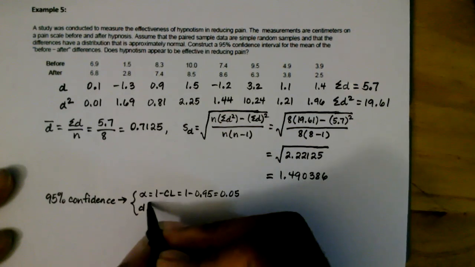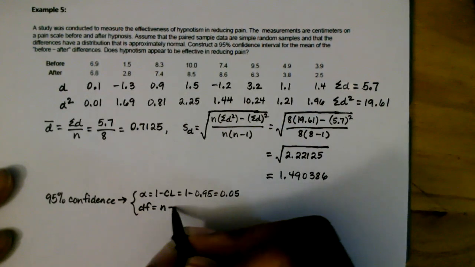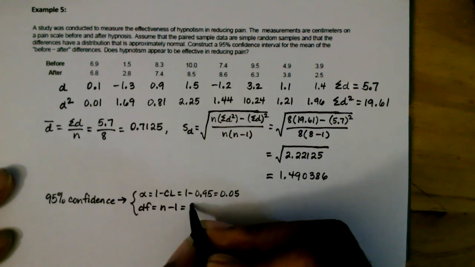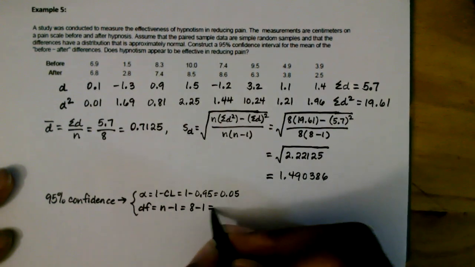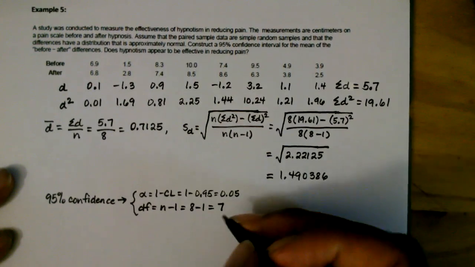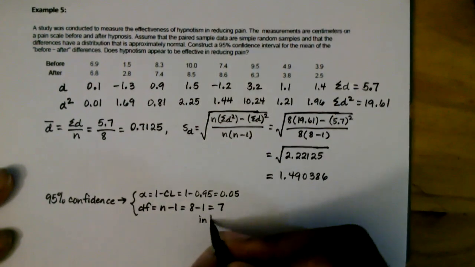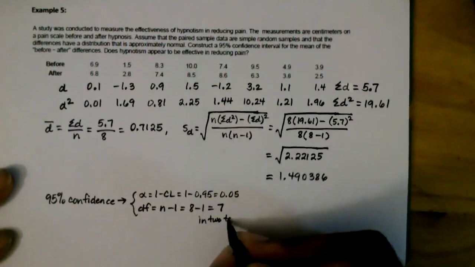And I need my degrees of freedom. That's n minus 1. N is 8. Minus 1 will be 7. So I have 7 degrees of freedom, a 0.05 level in 2 tails.